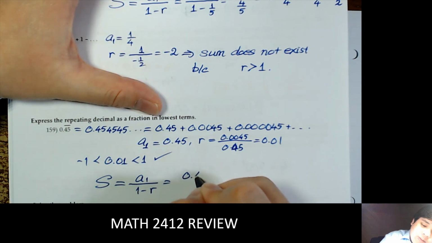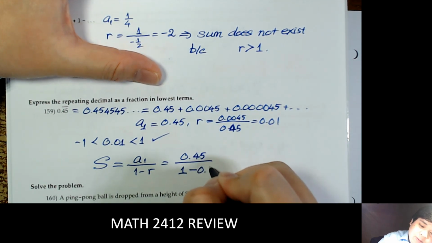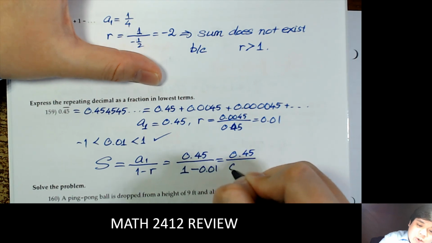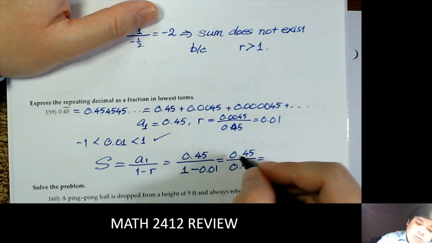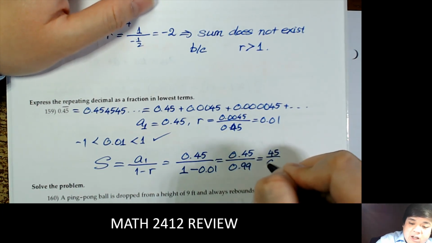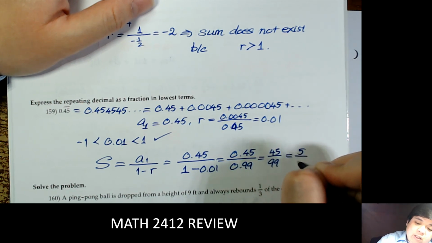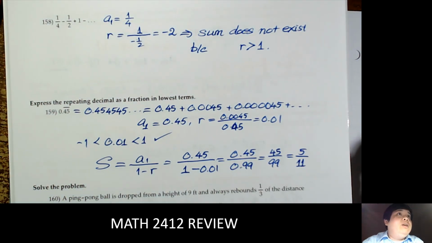So we have 0.45 over 0.99. Move the decimal places: we have 45 over 99. Divide by 9, we have 5 over 11. Right. So that's what we have.